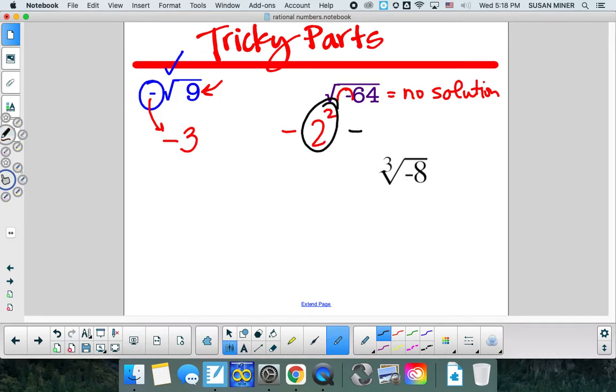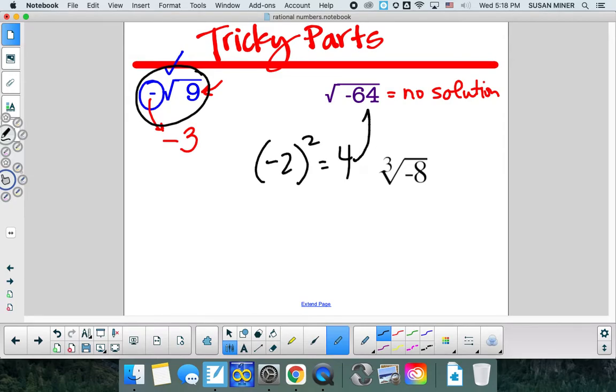So this would be take the negative of the square root. So that's where this comes from over here, right? But the negative is kind of like on the outside in this case. If I'm squaring a negative number, it's always going to come out positive. So in order to get a negative square root, that cannot be done. We call that a no solution. It's actually an imaginary number.